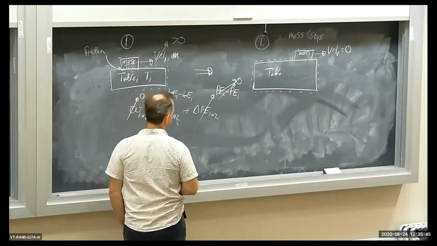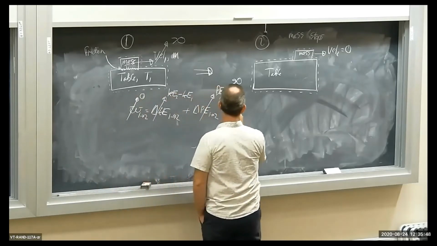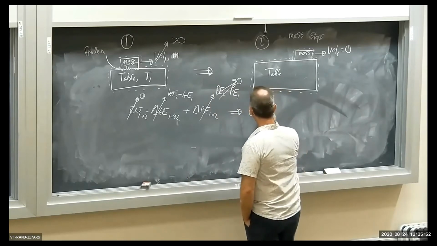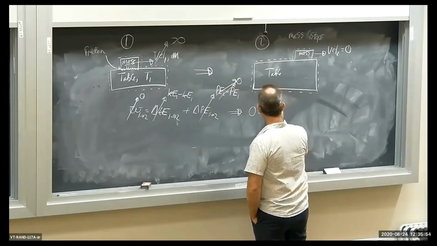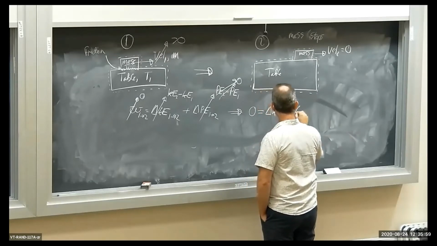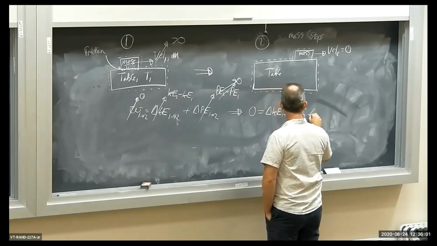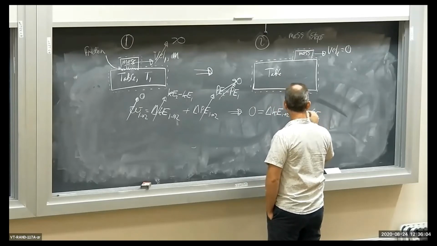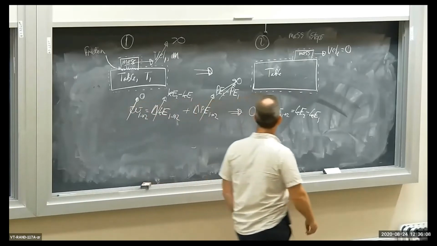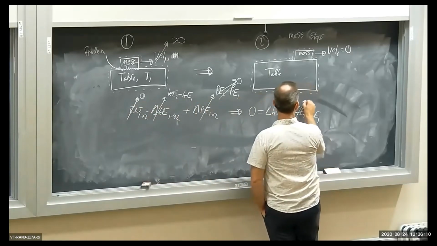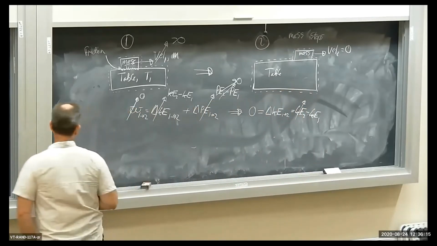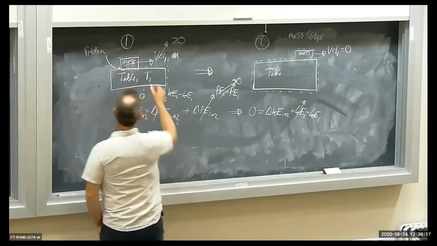So let's write what I got. I got 0 equals delta KE from state 1 to state 2, which is KE2 minus KE1, okay? Now, kinetic energy is 1/2 mv squared. So what's got kinetic energy in the system?